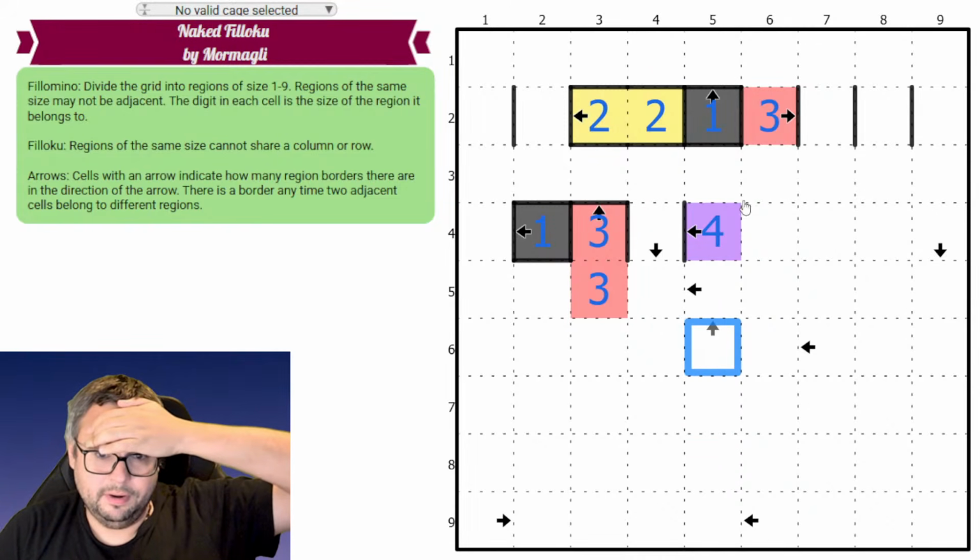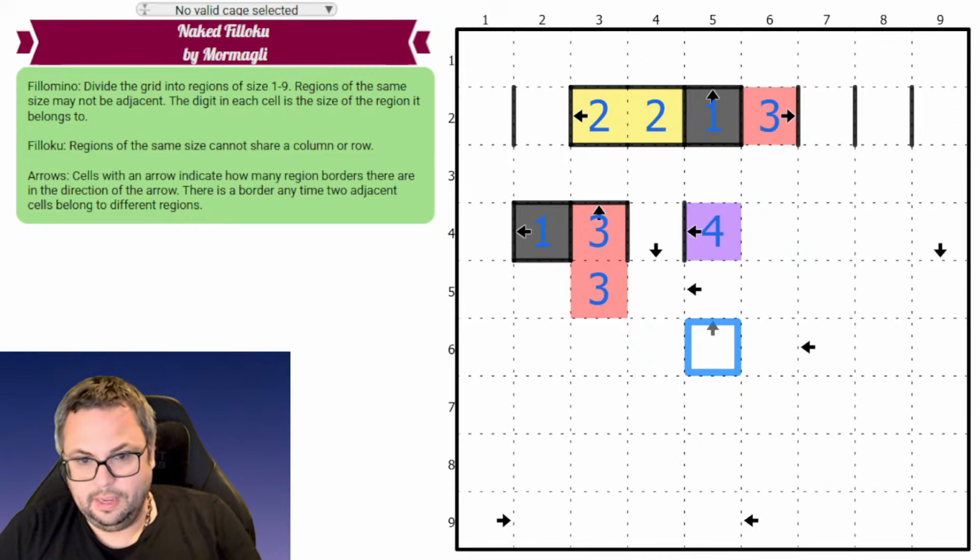Okay, this number is at least 2, and at most 5.